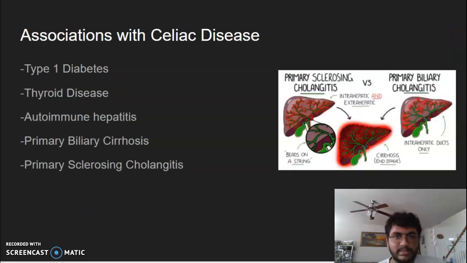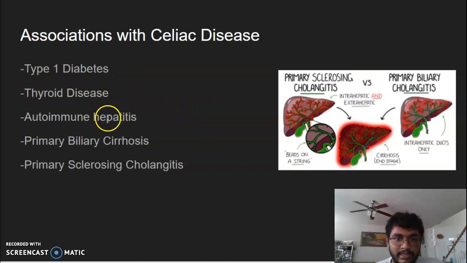So associations with celiac disease. These are all autoimmune conditions, so that's a little heads up. Type 1 diabetes, and thyroid disease, which involves the thyroid hormone, and this is what is associated with metabolism. So that goes back all the way to that B12 deficiency I was talking about. It shows how closely they're linked.